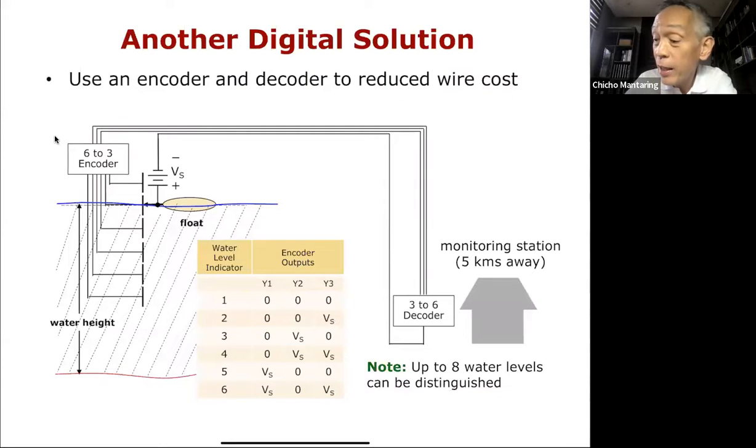And if this had been a 4 output encoder, kasi right now this is a 3 output encoder, how many water levels would I have been able to distinguish? Anyone? Kung 4 yung output nito, how many water levels will I be able to distinguish?